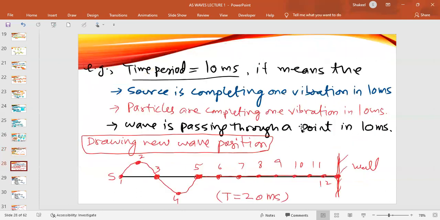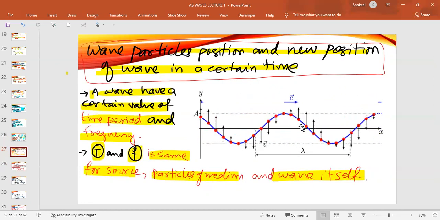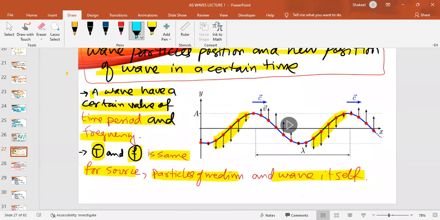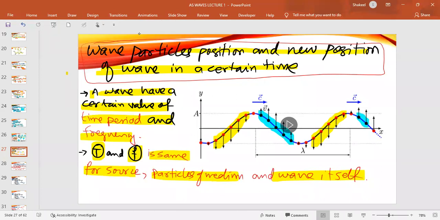So in this topic, what we have to do, we have to tell the position of the particle after a certain amount of time. After a certain time, what will its oscillation be, what will its direction of motion be. Like right now, look from here, all these particles are moving downward, which I am labeling yellow. And those which I am labeling blue, you see all those particles are moving upward, right? And after that, the particles which are at the crest or trough are temporarily at rest, right?